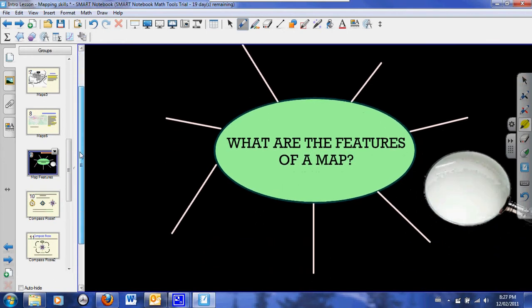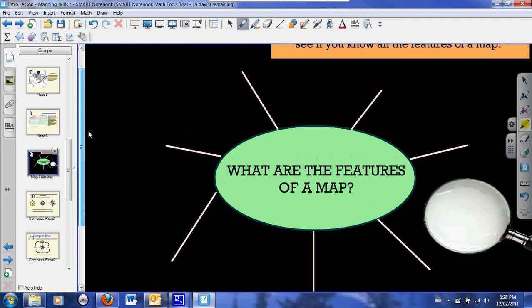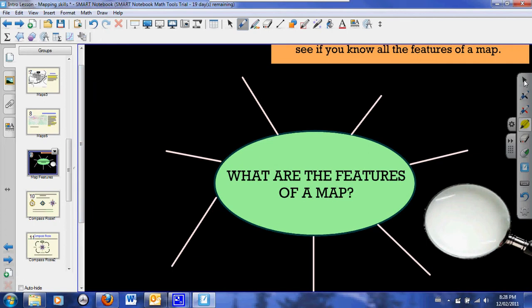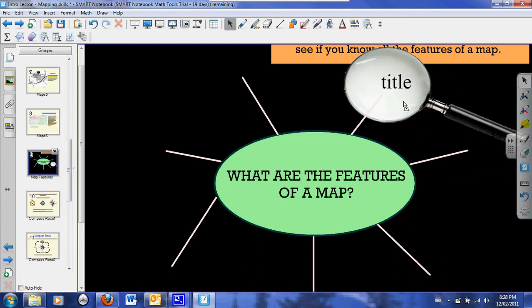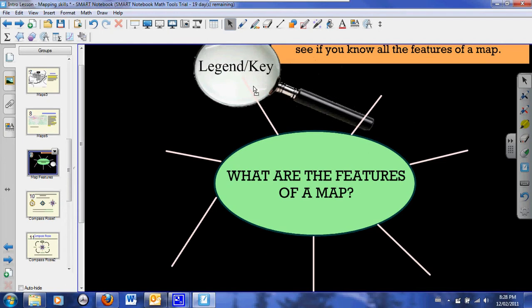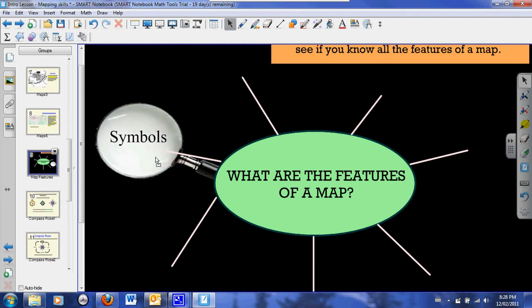Now, what features must all maps have? Well, let's use this eyeglass to see. Each part of the map should be labeled. Each map should have a title. Each map should have a legend and a key. And the maps that we just saw, most of them did.